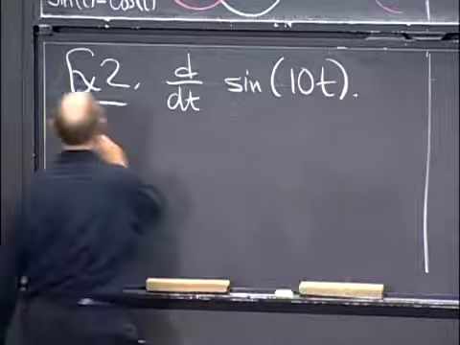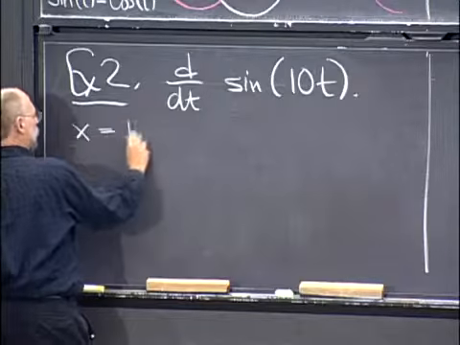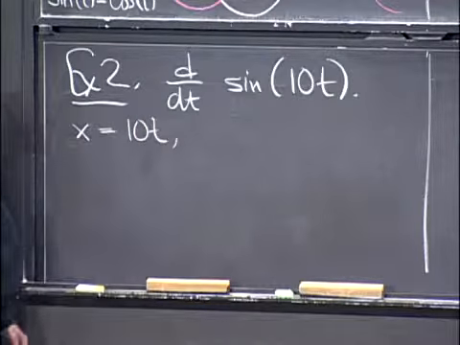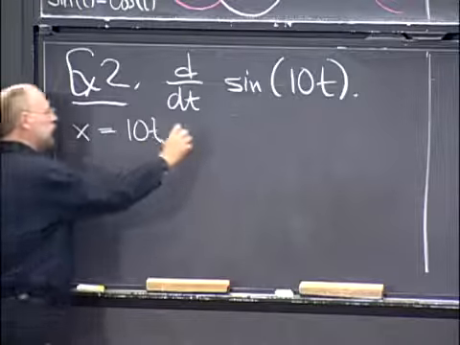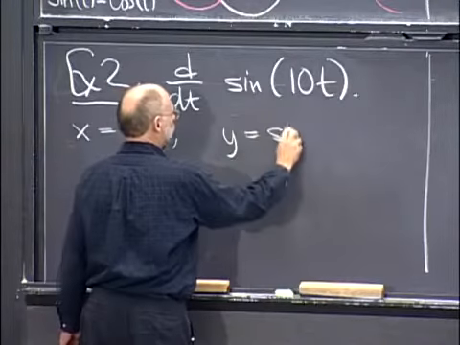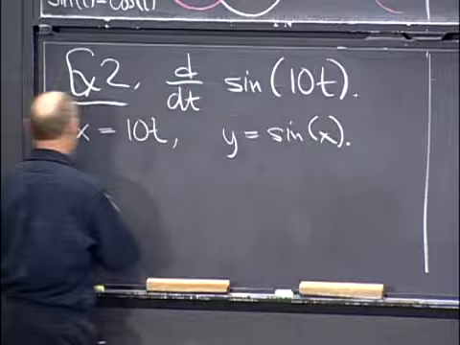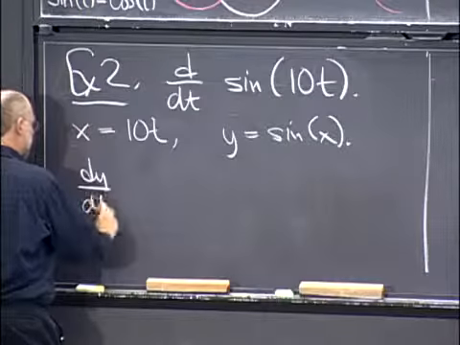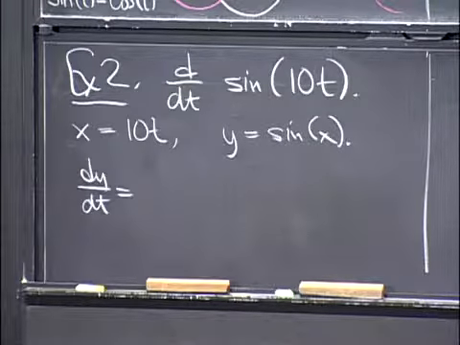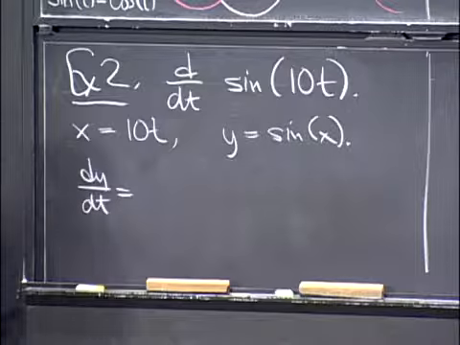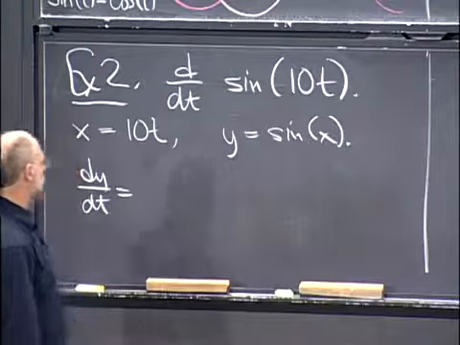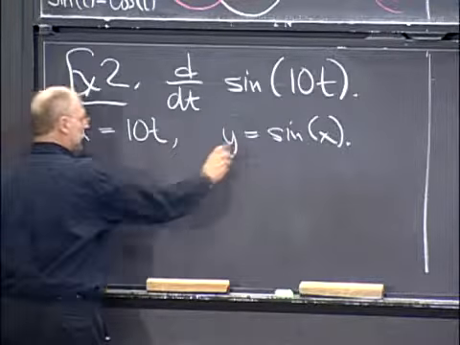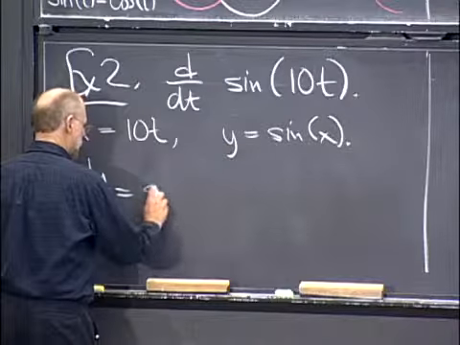I think I'll introduce this new notation. x is 10t, and the outside function is the sine. So y is the sine of x. So now the chain rule says dy dt is, let's see, I take the derivative of the outside function, and what's that? Sine prime.